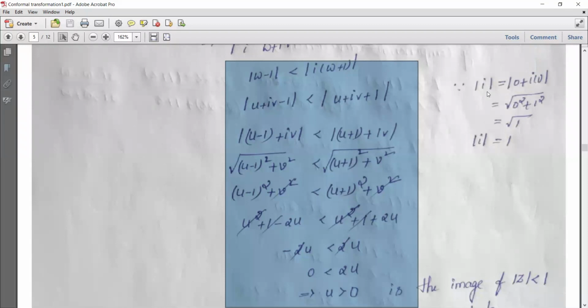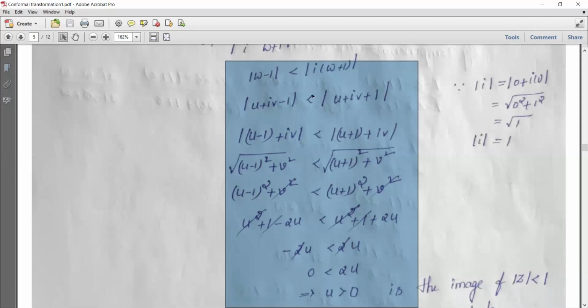See, on the right side I explained here, mod i is equal to mod of 0 plus i into 1. It is like x plus iy. Modulus of z is the square root of real part square plus imaginary part square. Real part is 0, imaginary part is 1. So 0 square plus 1 square, that is equal to under root 1. So mod i is equal to 1.